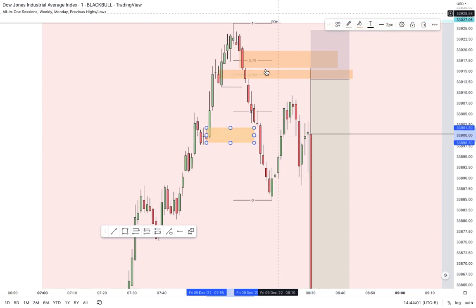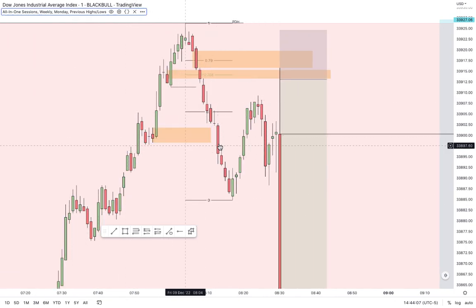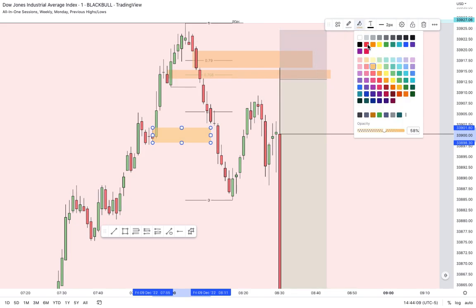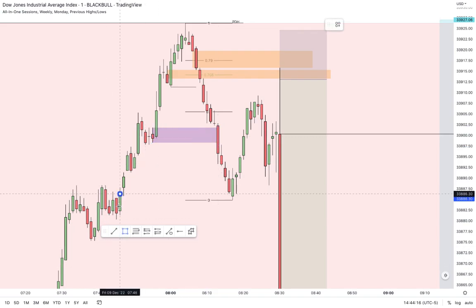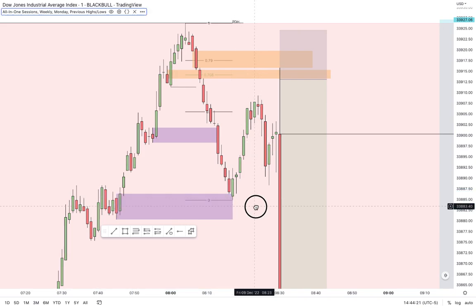Just forget all of this. I can't even delete it. So if you are a smart money trader, you would have your buy entry over here and over here, because these are your valid order blocks, right?